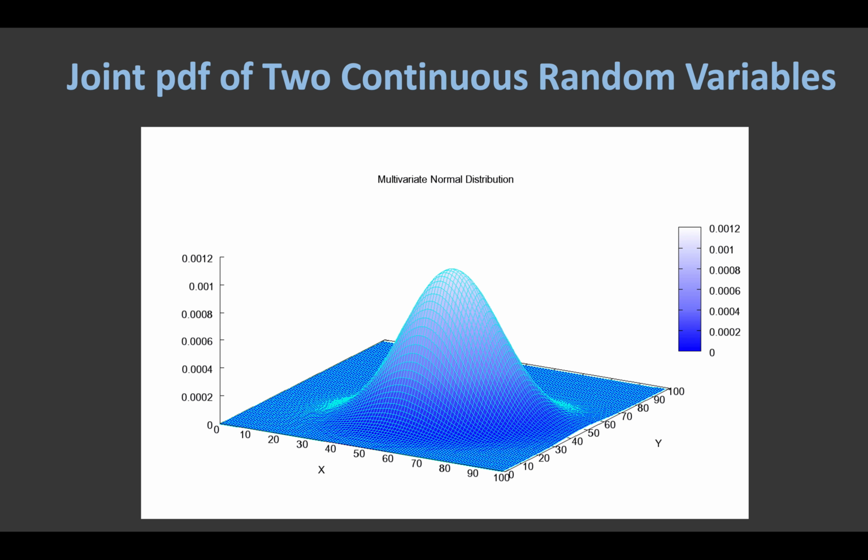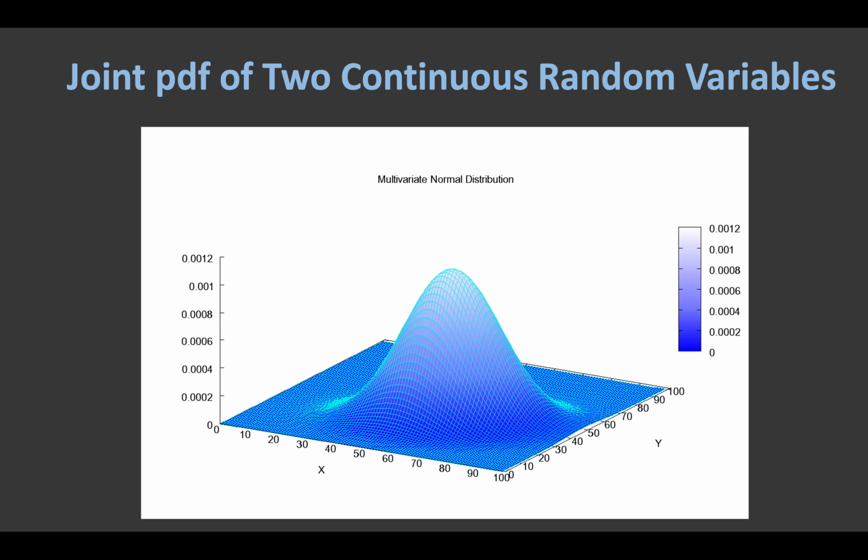So the independent variable space is basically two-dimensional, both X and Y. And the probability density function is shown as the curve on top, in the third dimension.